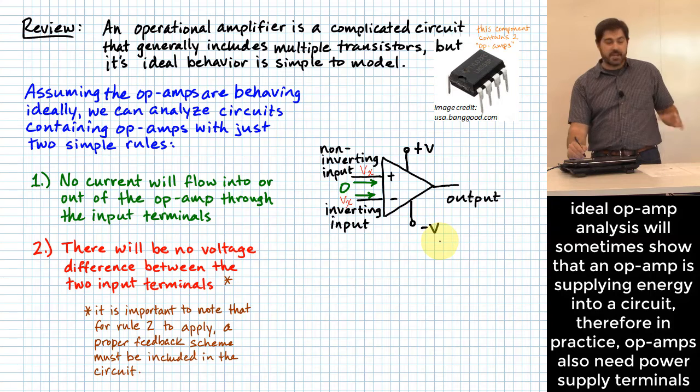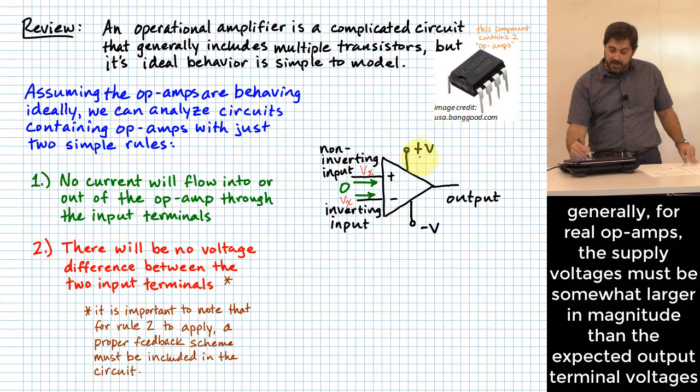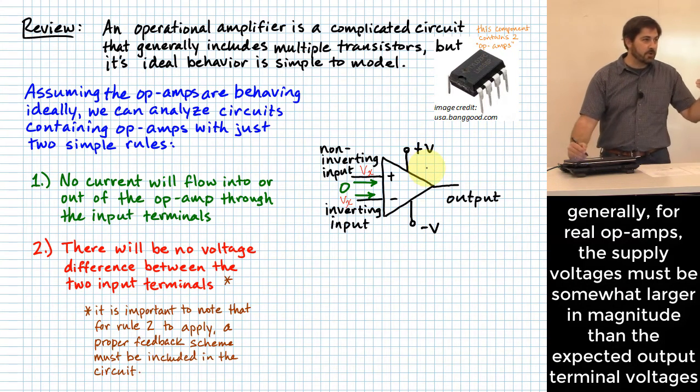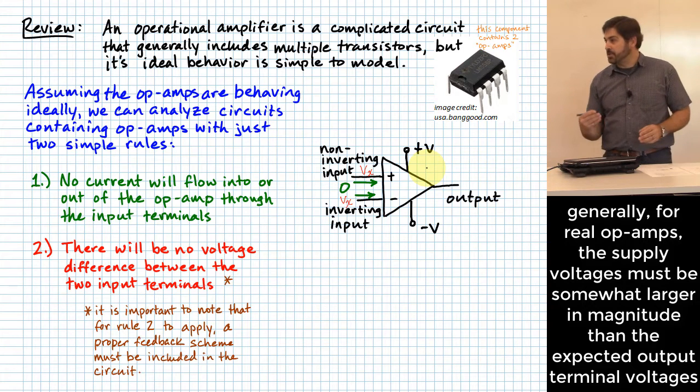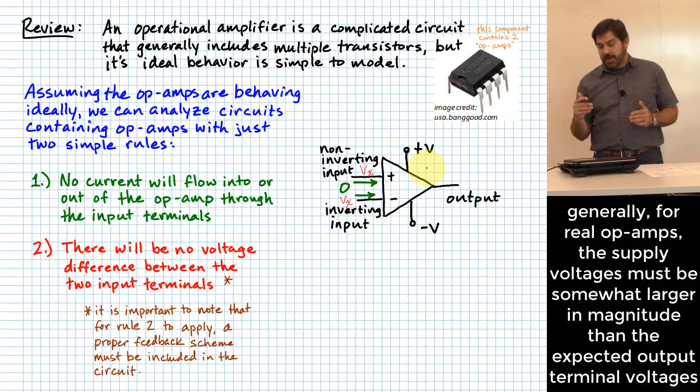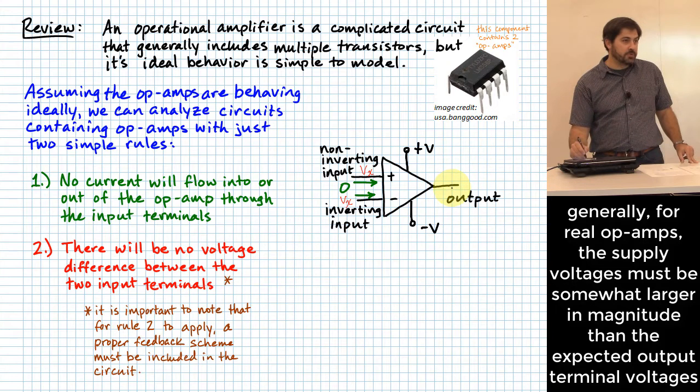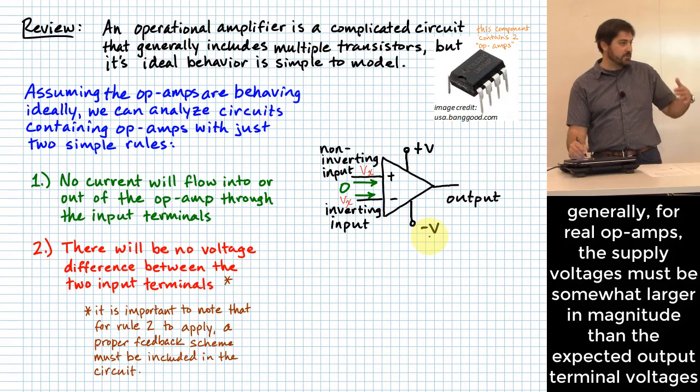The big concept there is that you have to have enough positive supply voltage and enough negative supply voltage coming into the op-amp so that it's able to output some voltage. It's generally not going to be able to go all the way to plus V or minus V levels of voltage. It'll get close maybe, but it won't go all the way.